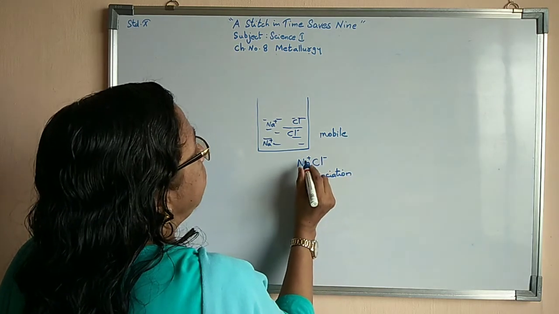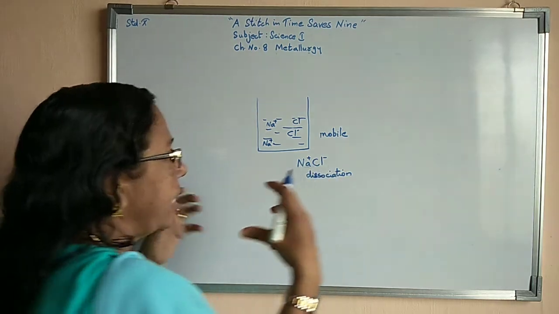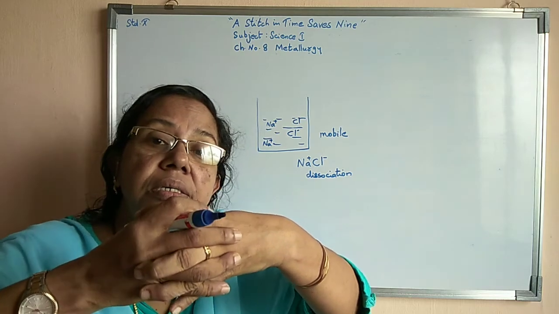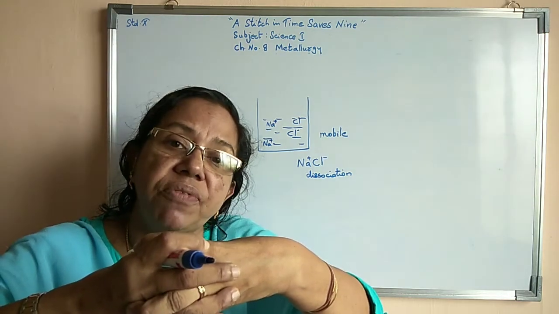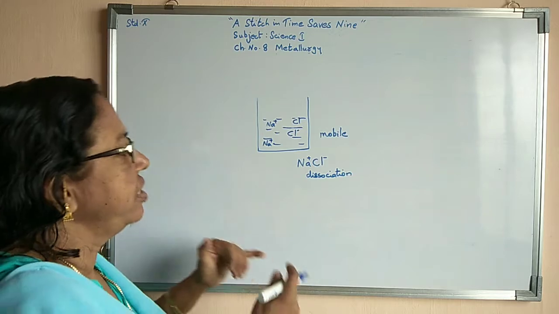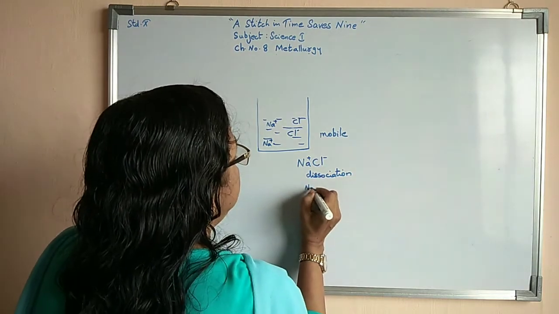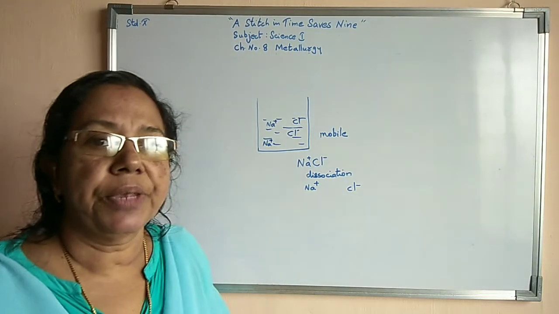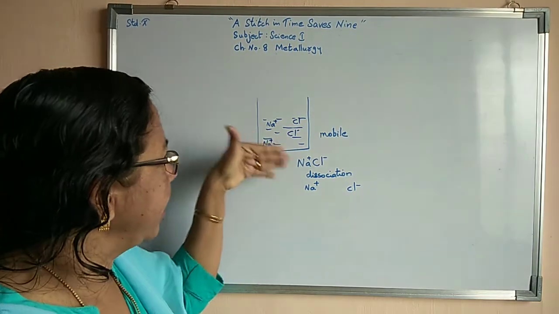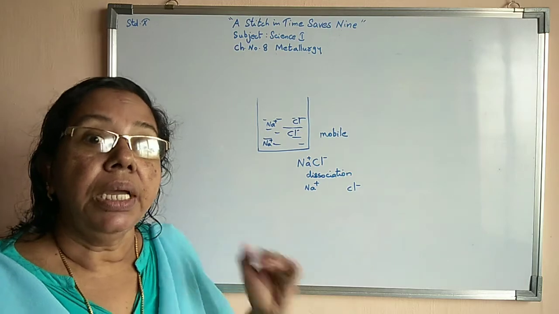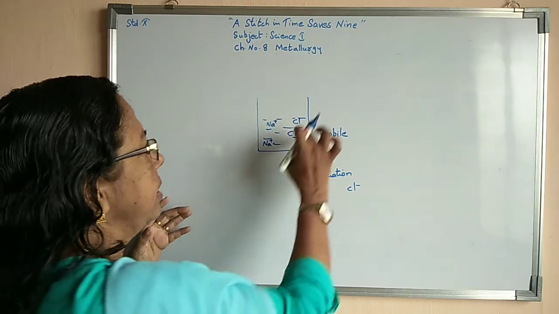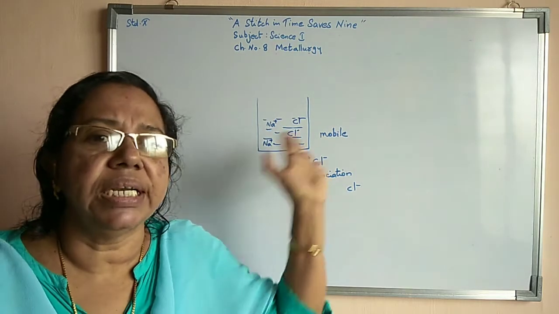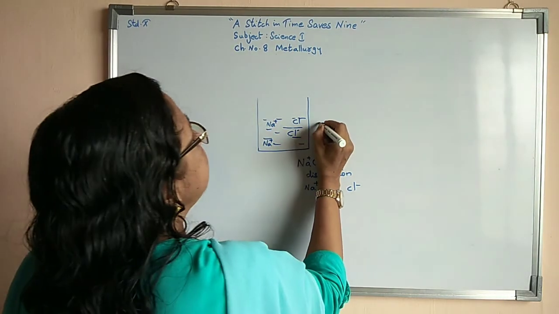Here sodium chloride is tightly joined with such an intermolecular force of attraction. But when it dissolves in the water, the sodium ion separates, the chloride ion separates, and then they move in the liquid. Now this is the water and sodium chloride dissolved condition. This is the dissolved state.